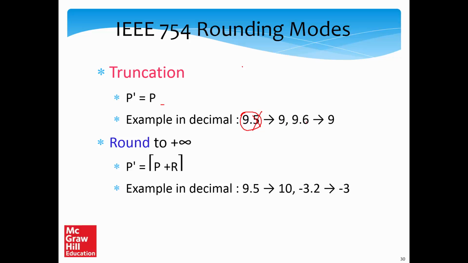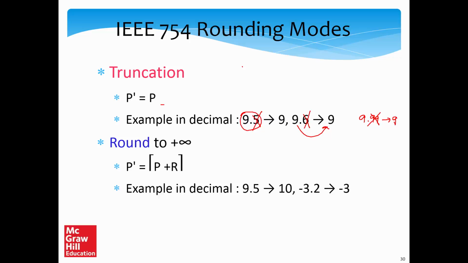In this case, I will discard 6 and even 9.6 I'll round it to 9 and even 9.99 I will round it to 9. So I'm just truncating, I'm just discarding the residue and I'm not updating the significand. So this is a very simple mode of rounding, and this is typically not advisable to use, but we can use it if you want to. So this is called truncation.